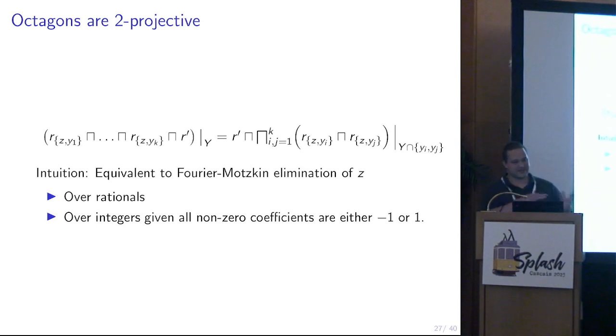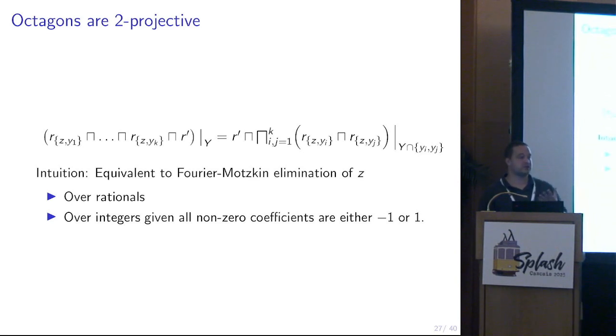Let's maybe get back to the octagons. And now the claim that we need for the octagon normalization to be cubic is we need to show that the octagons are indeed 2-projective. So I have here reproduced once again this formula that we have as the definition of 2-projectivity. And I will not bore you with the entire proof, but the intuition here is that one can show this to be equivalent to the Fourier-Motzkin elimination of Z from this set of inequalities.